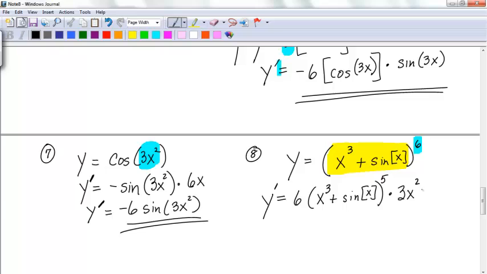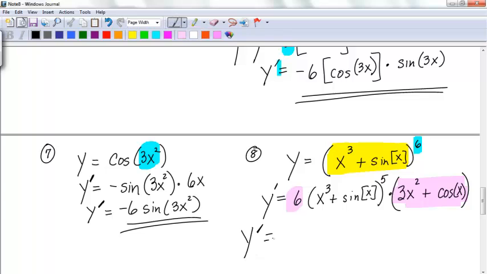3x squared. And then plus, what's the derivative of sine? Cosine. So it'd be cosine, and it's actually just cosine of x. Okay? And it's that quantity. Okay? So y prime equals. They will simplify, and they're going to multiply this times this. Okay?